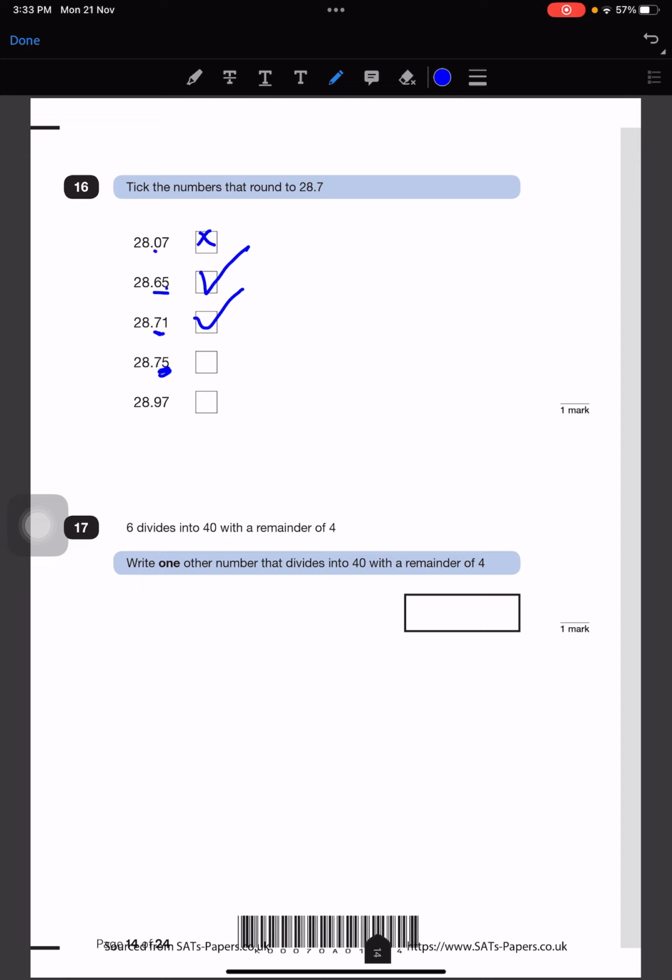Okay, 6 divides into 40 with a remainder of 4. Write one other number that divides into 40 with a remainder of 4. Okay, so as you can see, what we'll do is, if we do 9 times 4, it equals 36.